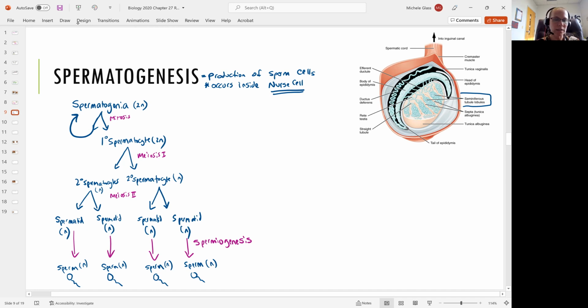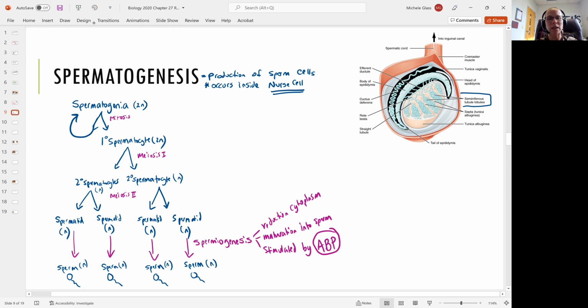This process of spermiogenesis involves the following steps. Spermiogenesis involves a reduction in the cytoplasm. So when we are transitioning from a spermatid to a sperm, we're reducing our cytoplasm. And we see the maturation into a sperm, and we see that this is stimulated by the hormone ABP.